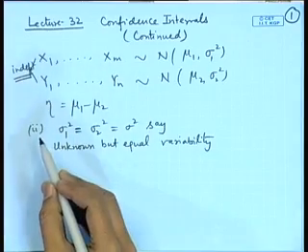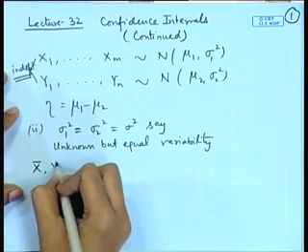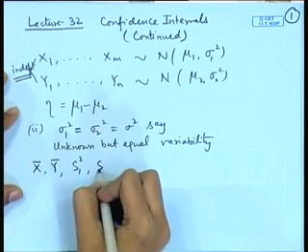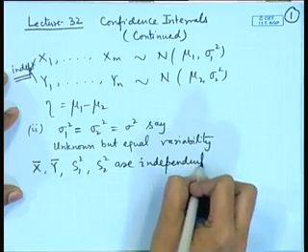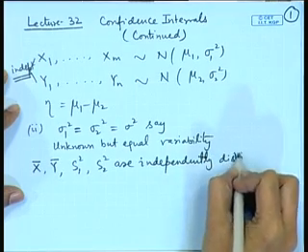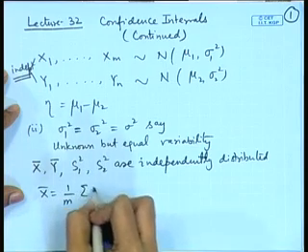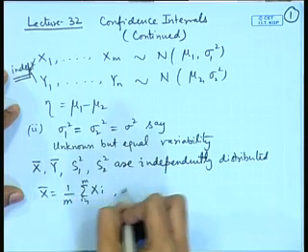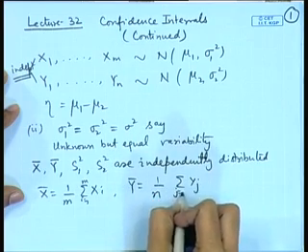So, as we have seen, the sampling distributions of x bar, y bar, s1 square, s2 square will be of interest here. So, x bar, y bar, s1 square and s2 square are independently distributed. In the sampling from normal distribution we know this fact. Here x bar is 1 by m sigma xi, i is equal to 1 to m, y bar is the mean of the second sample, that is 1 by n sigma yj, j is equal to 1 to n.